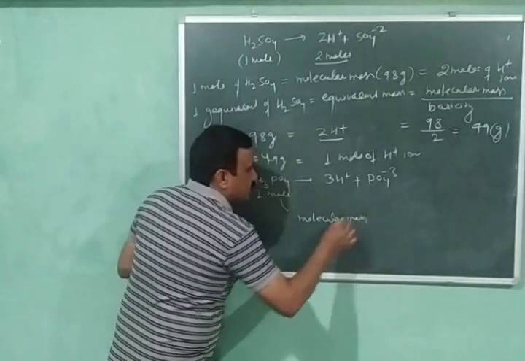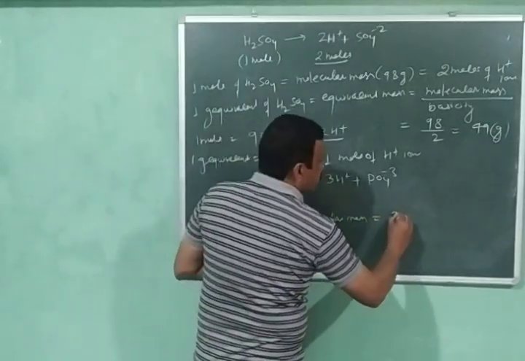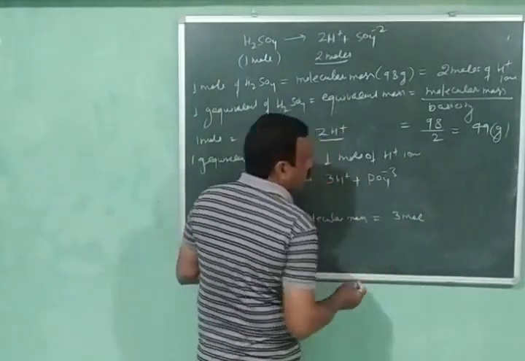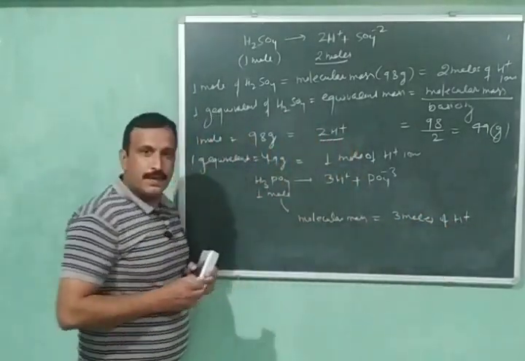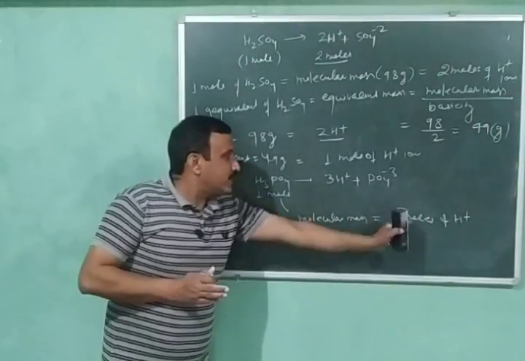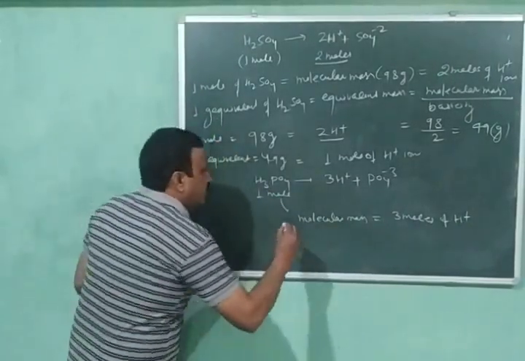Okay, and its molecular mass is giving us 3 moles of H positive ion. Now I will divide both sides by 3. So I will have what?